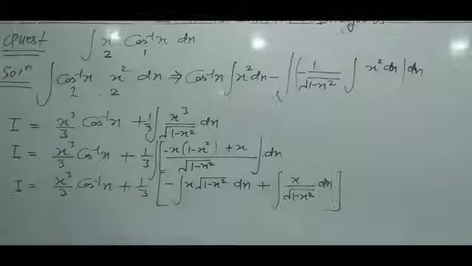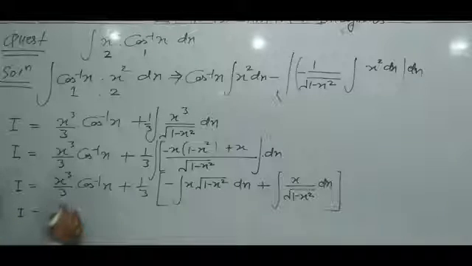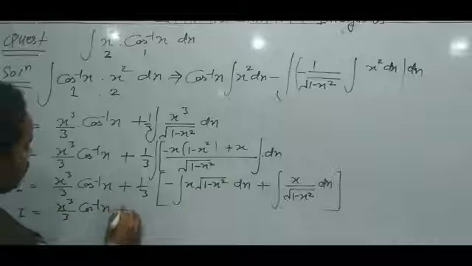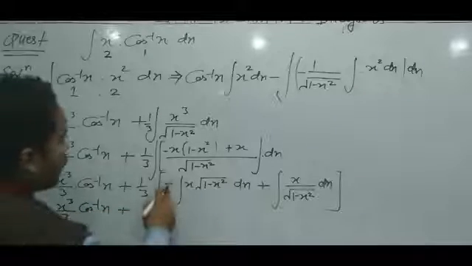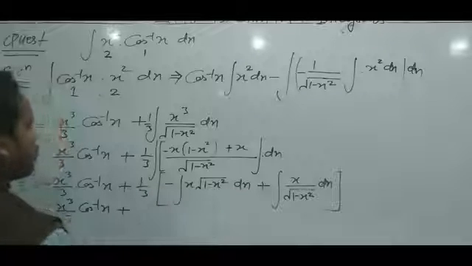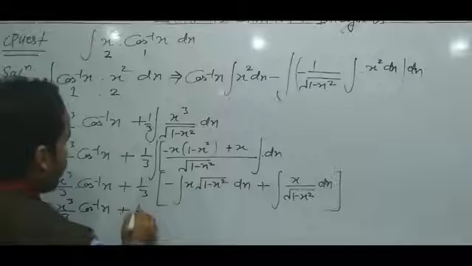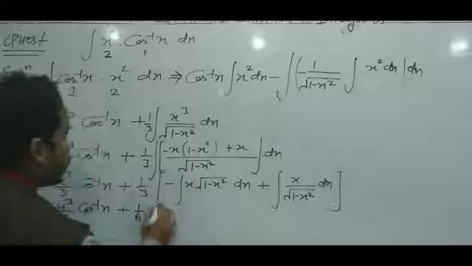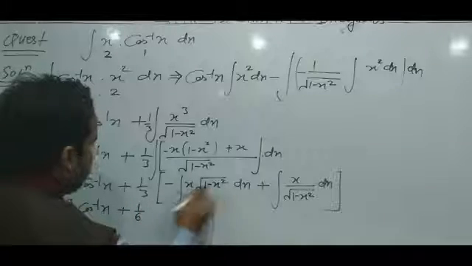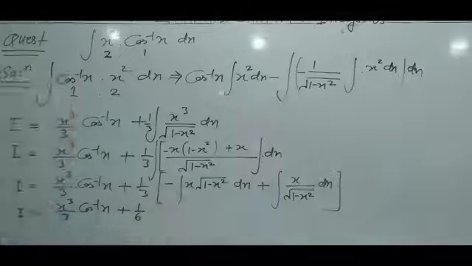Now what result can we write? The result we will write: x cube by 3 cos inverse x, and this is minus minus, so plus 1 by 6 t to the power 3 by 2, where 1 minus x square is t.